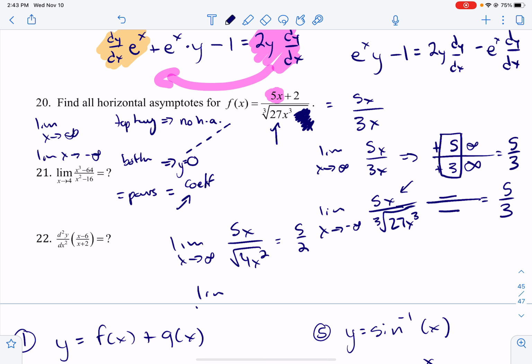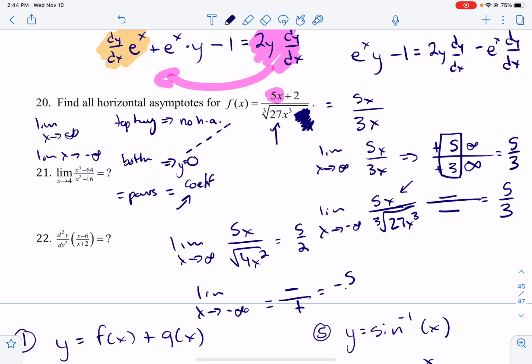But as I go to negative infinity, my top goes to a negative. But my bottom, I square my negative infinity and it makes it a positive. So I get a negative on the top and a positive on the bottom.